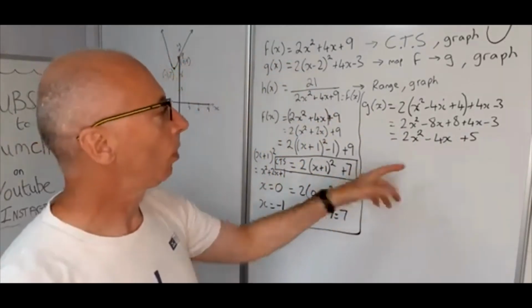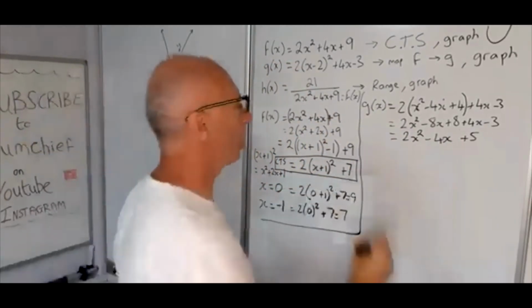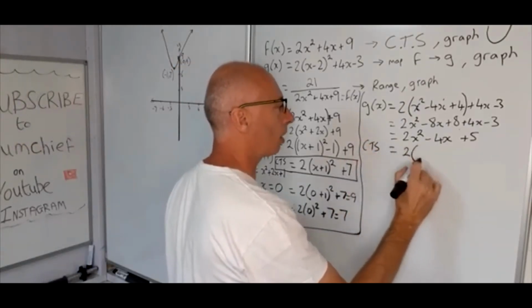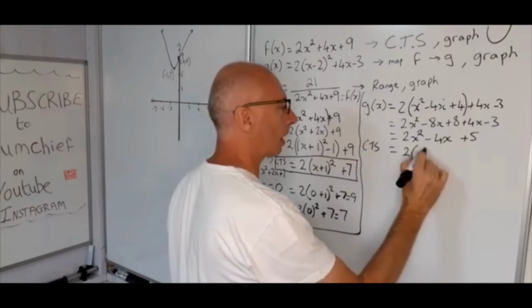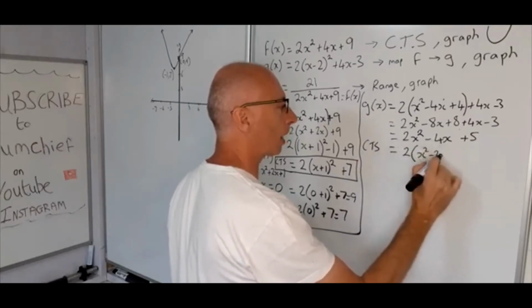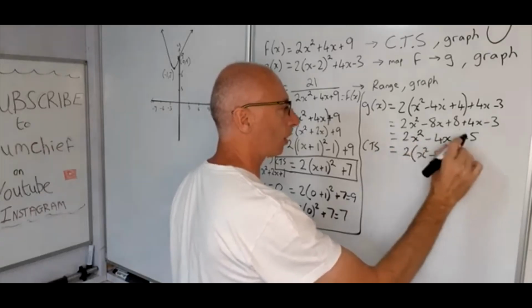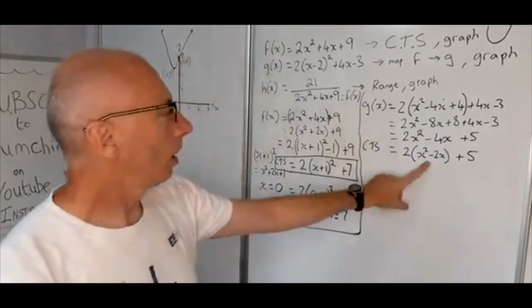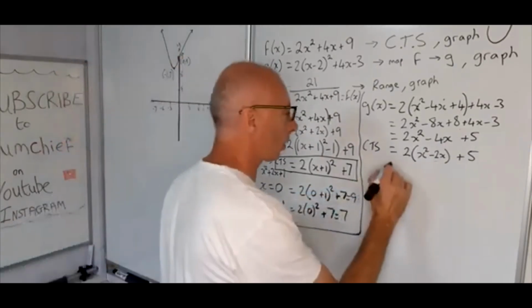Okay, so as before, now let's complete the square on this one. Factor out the 2, that's going to give us x squared minus, take the 2 out of that, we get minus 2x, and the constant we'll just leave on its own. So we've not changed the value of the function at all.